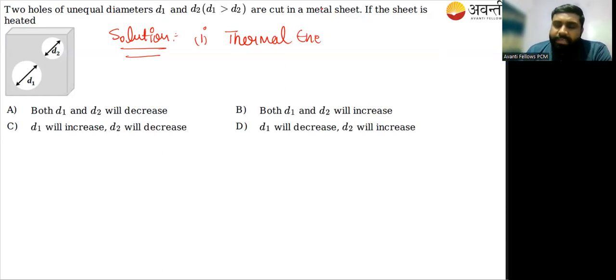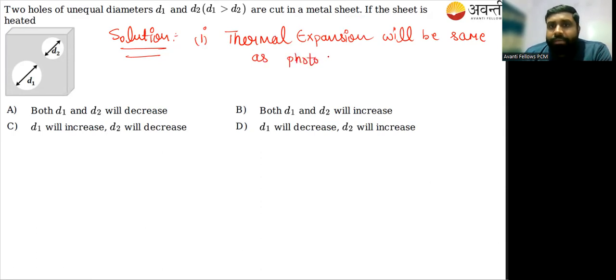Thermal expansion will be the same as photographic enlargement, or photo enlargement, you can say.